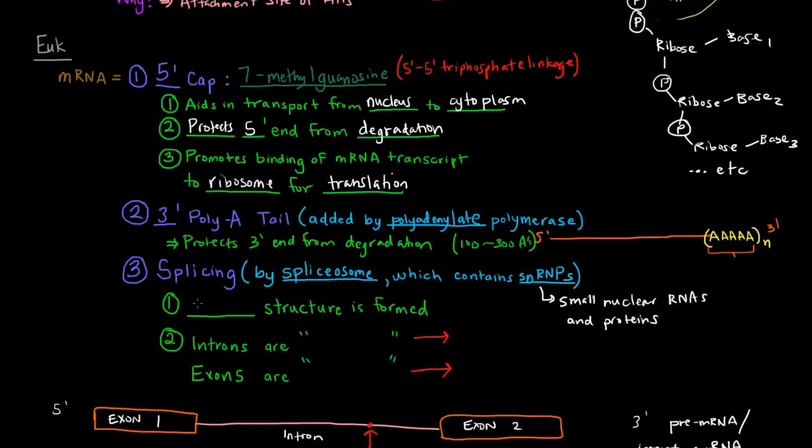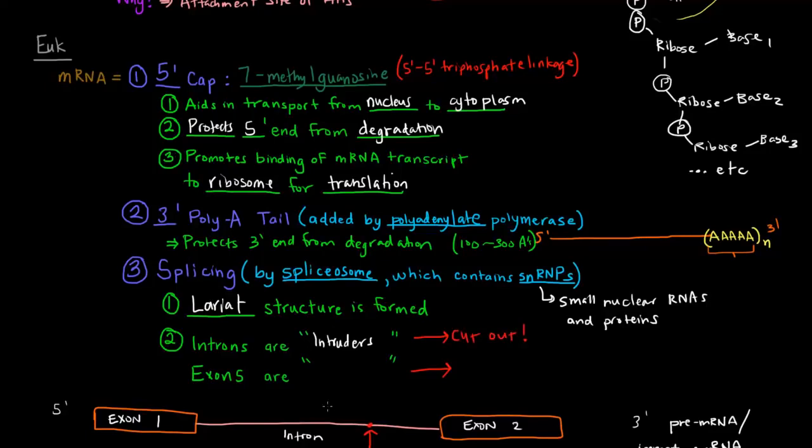So when splicing occurs, there's this thing called a lariat structure that's formed, and I'll show you exactly what that looks like in just a second. But what's happening in splicing is that there are these things called introns and these things called exons. Introns are intruders, so they are cut out. Don't let that confuse you.